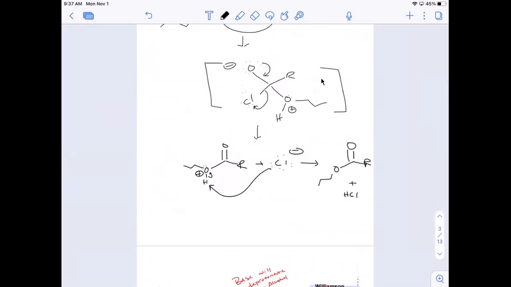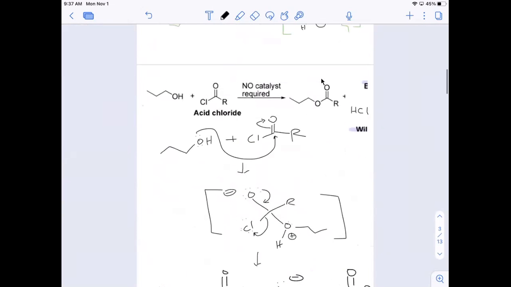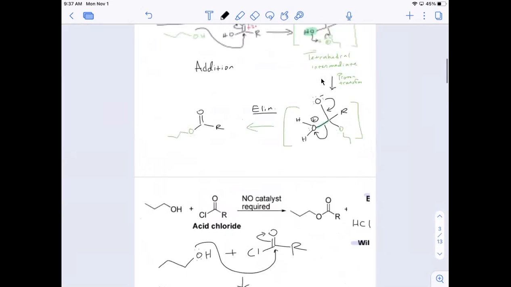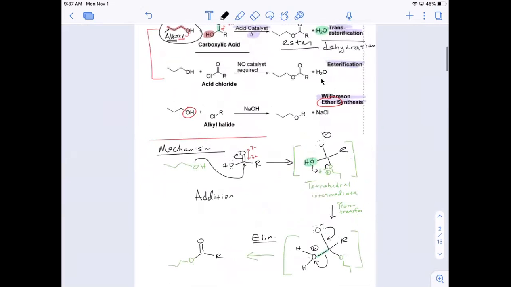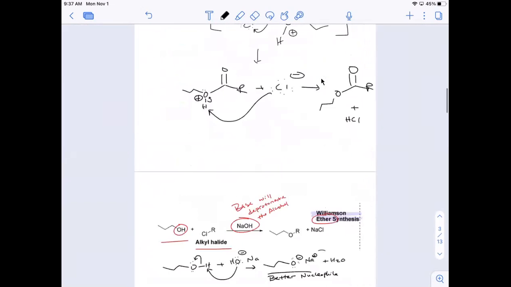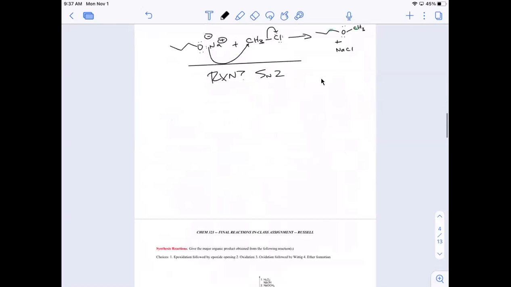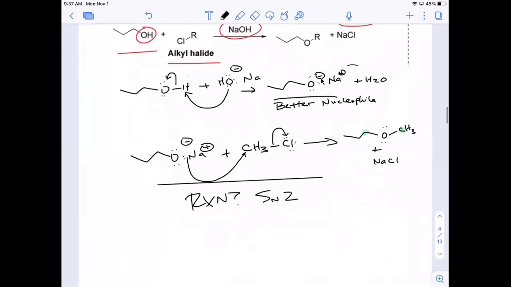You can use the acid chloride and an alcohol, or a carboxylic acid and an alcohol. And then we have ether synthesis, which needs an alcohol, a base, and an alkyl halide. And ether synthesis, nine times out of ten, is going to be some type of SN2 substitution.